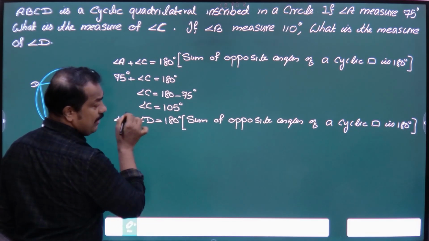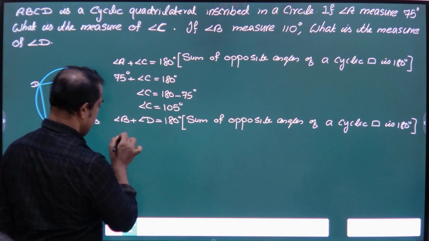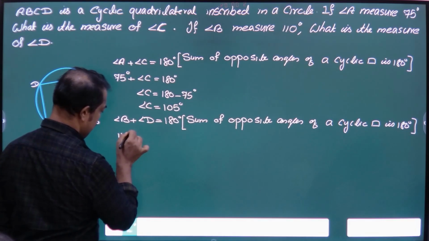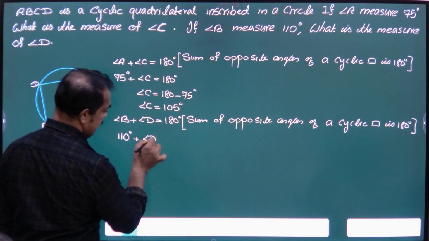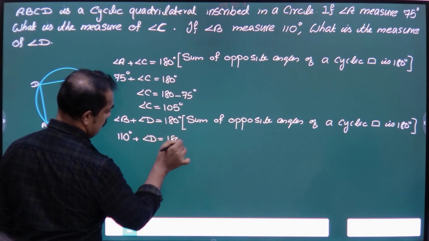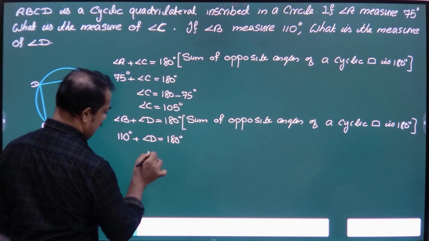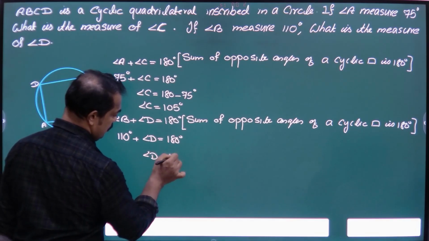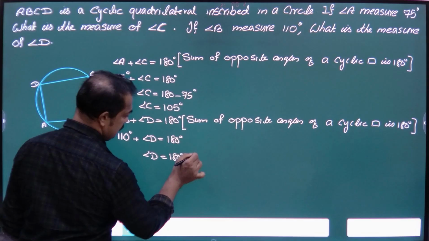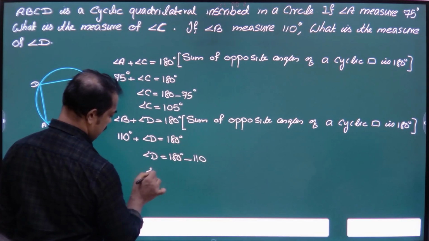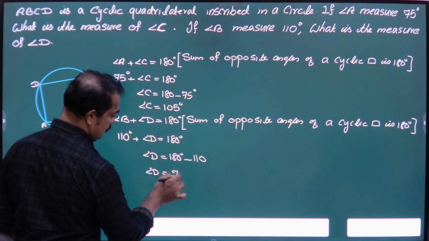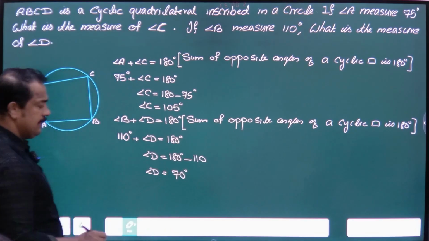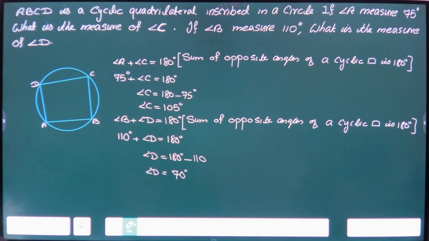What is the value of angle B? 110 plus angle D is equal to 180 degree. Angle D equal to 180 minus 110. Angle D is equal to 70 degree.